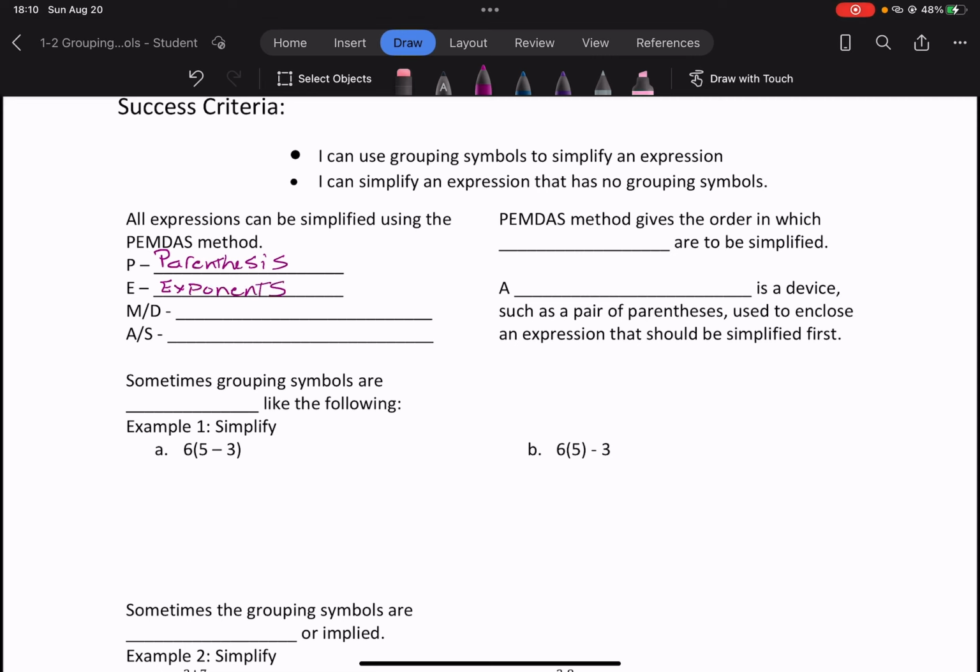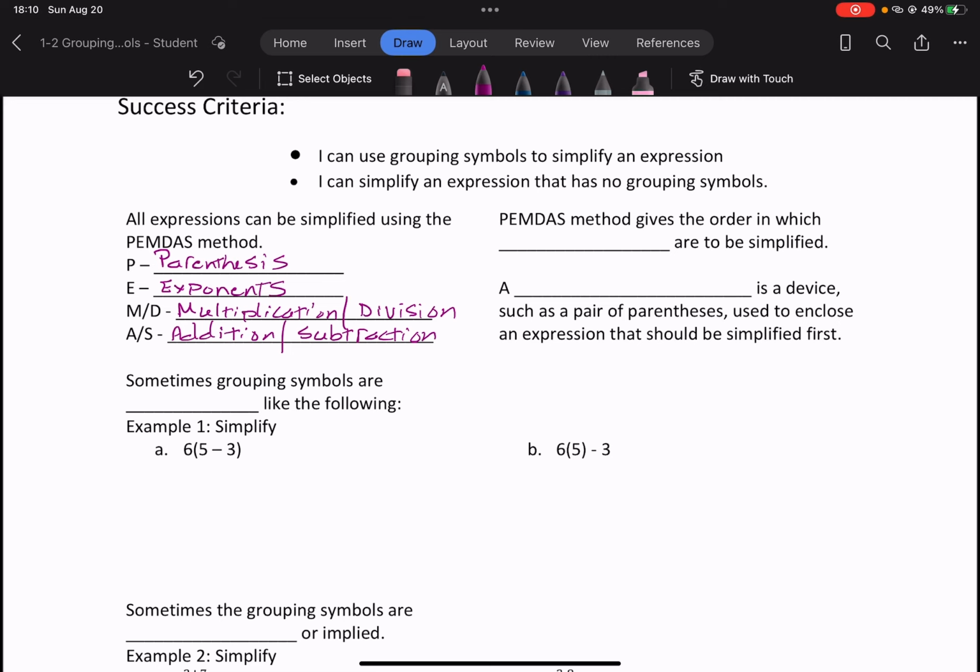M and D is multiplication or division. A and S is addition and subtraction. So you've got all of this going on right here.